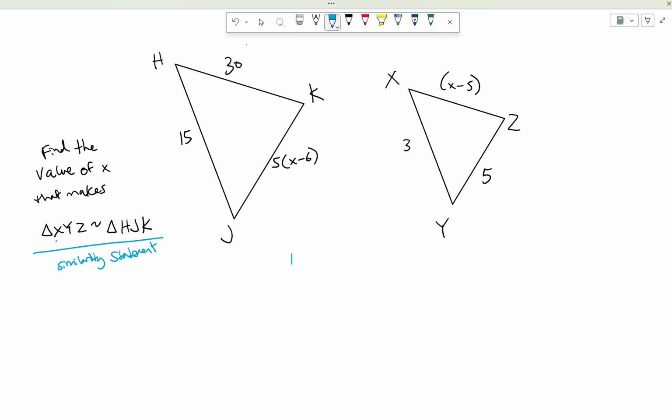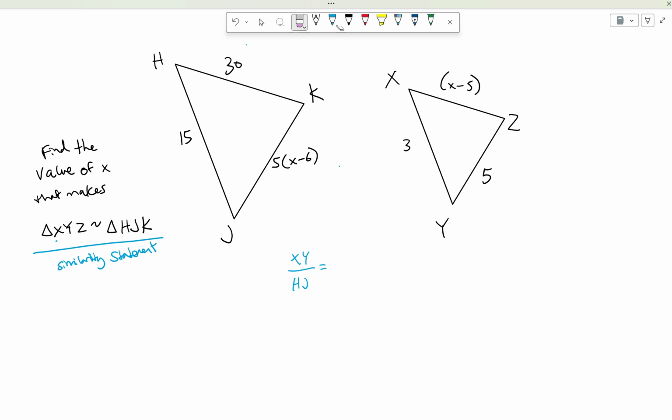So we had XY, first and second, HJ first and second, okay? And then let's take a look here. We have JK, right? This guy right here that has a value for X. So 5 JK, which is going to be second and third.